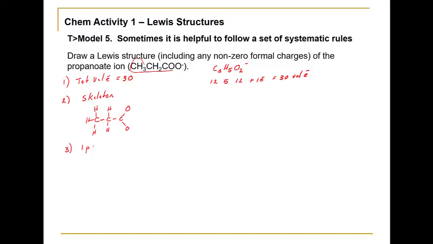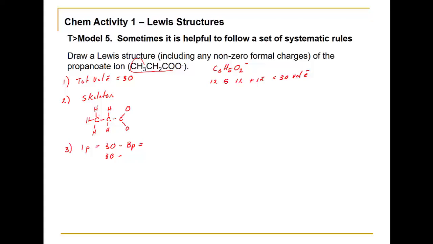To do this, I look at the total number of valence electrons minus the number of bonding pair electrons. In this particular case, I had 30 valence electrons minus the bonding pair electrons. I count up all the electrons, not the total number of bonding pairs, but the number of electrons that are in bonding pairs.